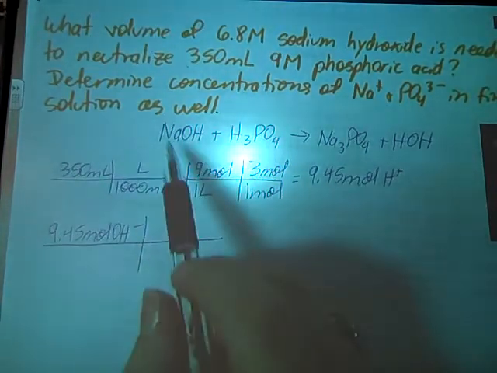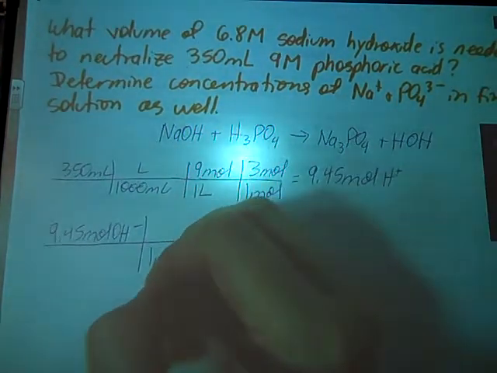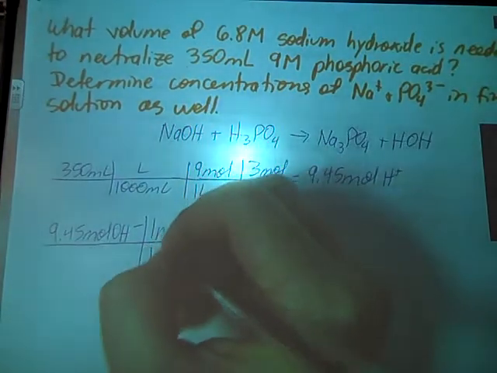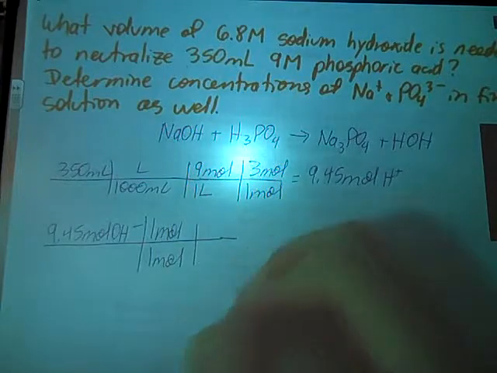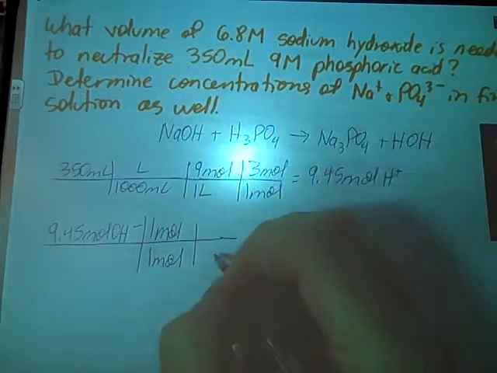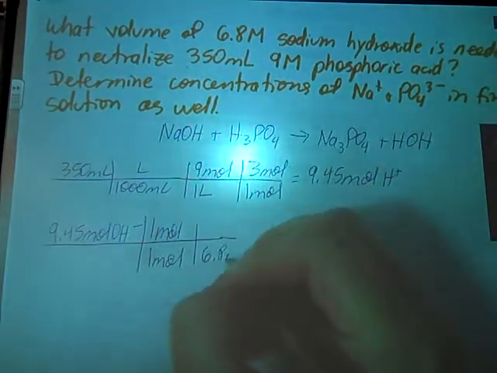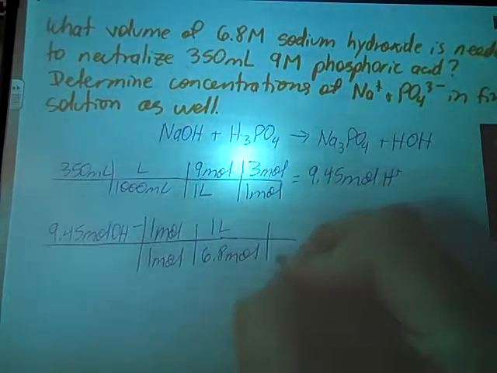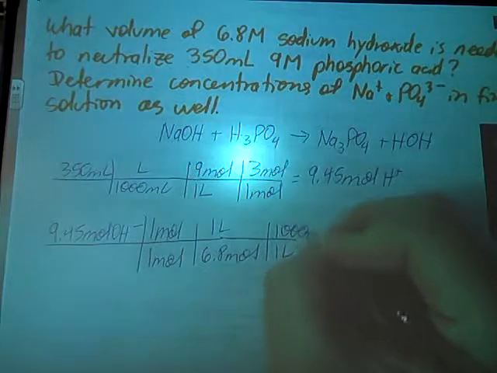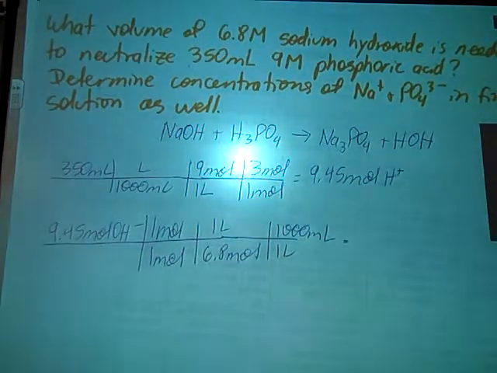Off we go. If we look at our base here, 1 mole of hydroxide comes from 1 mole of your NaOH. Notice all my shortcuts here. I have a 6.8 molar solution. I'm going to go all the way to milliliters because I like the milliliters.